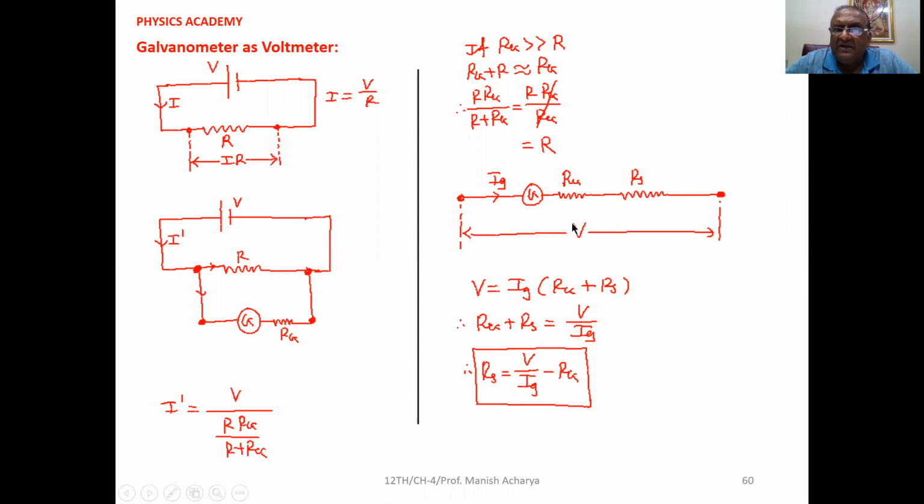And to convert a galvanometer into a voltmeter, its resistance should be as large as possible. So we can say for an ideal voltmeter, the resistance should be infinite. Clear to all of you?